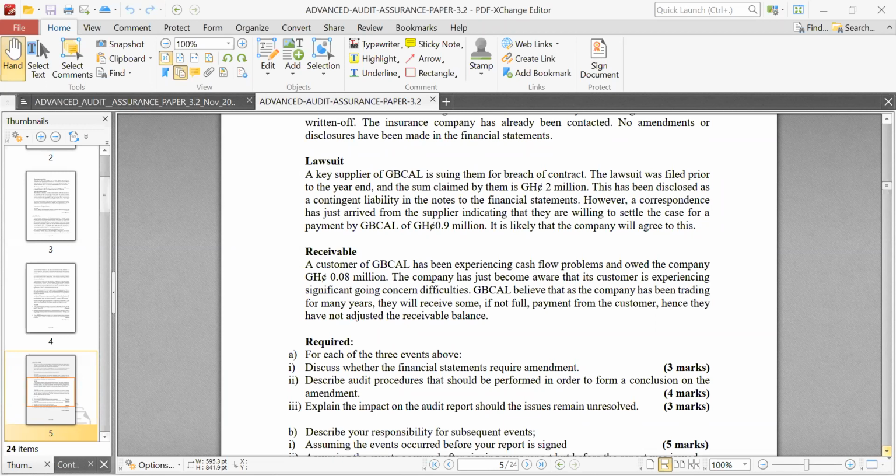Sorry I have to rush through this, but for example, if you pick, let's say, receivable, one of the audit procedures you could use is confirmation of the receivable balance.